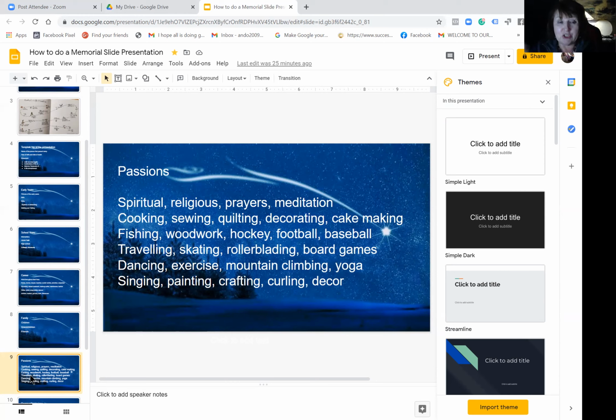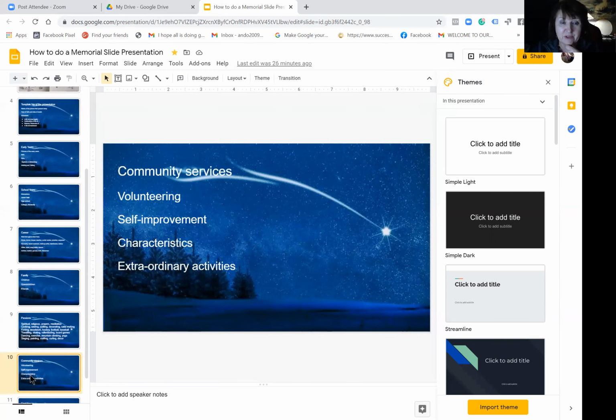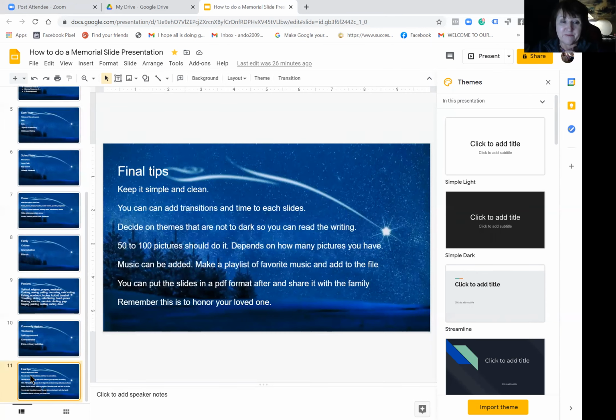But it'd be really good to list all the passions that the loved one has, because people are interested in knowing about all their passions, and not everybody knows, especially maybe some of the distant relatives. Add in some of the information like community services, self improvement, characteristics, extraordinary activities.